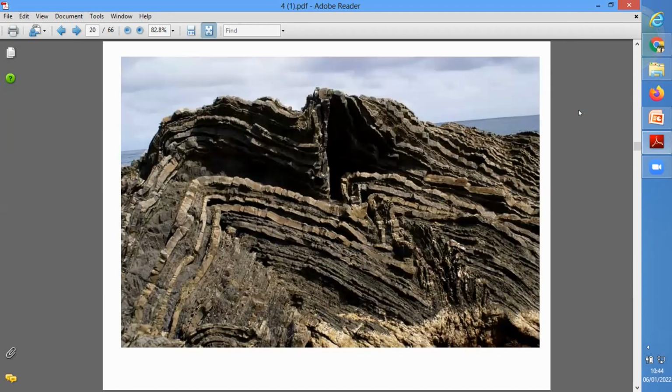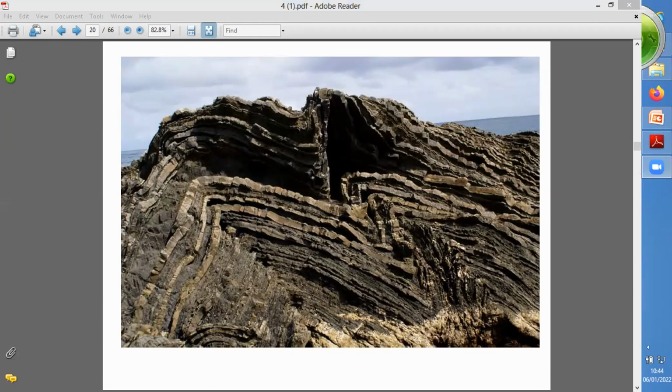Now which type of the fold is this? Now what is the type of the fold in this image? It is the asymmetrical fold. Okay, now why it is considered as asymmetrical? Because the axial planes are in any direction, they are not in the same direction. Now here this is the axial plane of this fold, this is the axial plane of this fold.